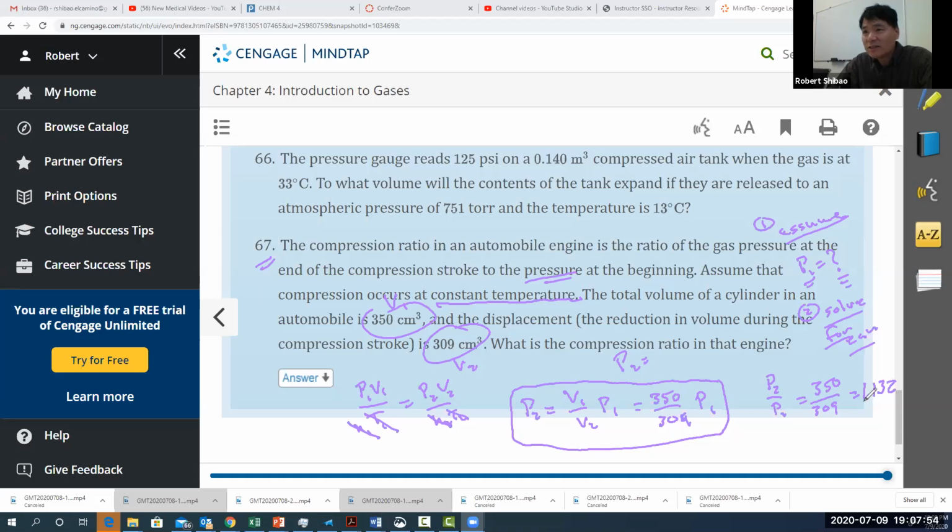And so what happens is the pressure goes up from 1 to 1.132. This is the pressure fraction here, just 1.132. We're allowed 3 sig figs, so it's just 1.13. And so the pressure fraction goes up by 1.13. It gets compressed a little bit and the pressure goes up. So let's take a look at what their answer is here.